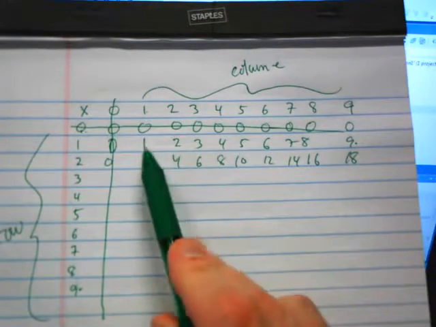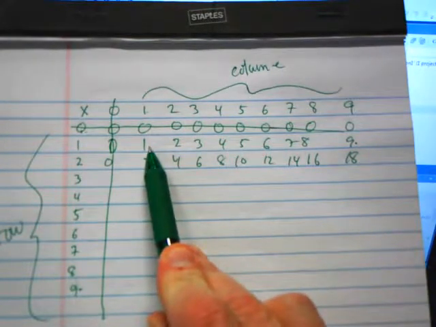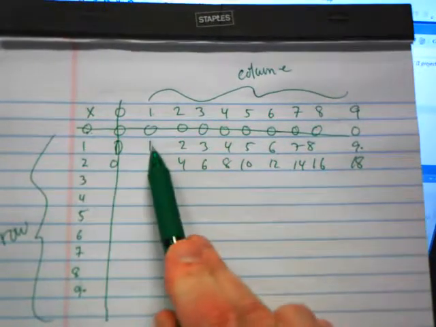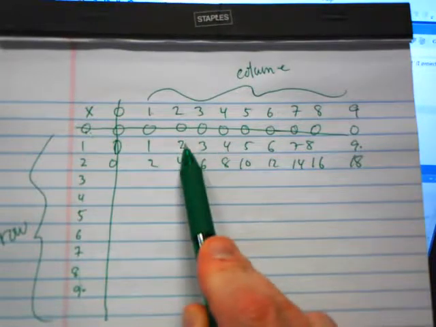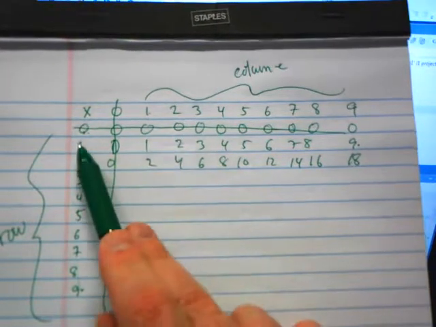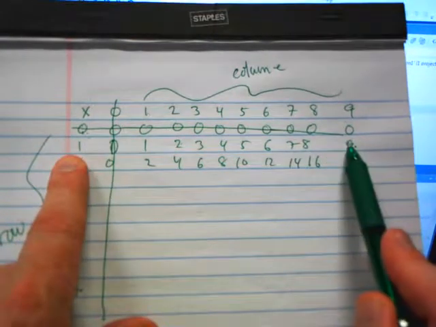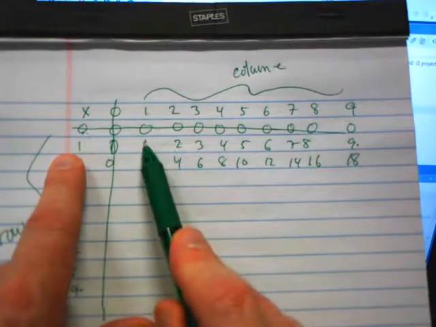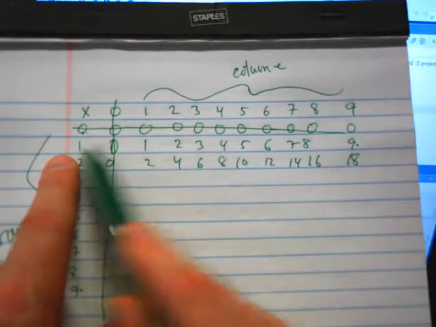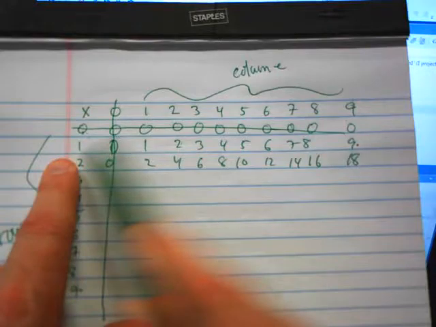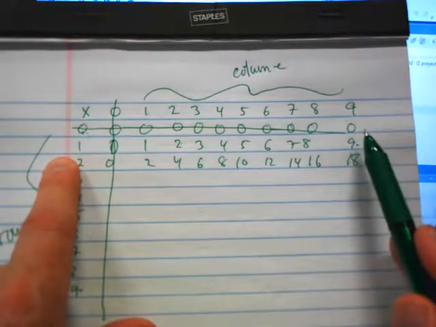So how do I get this number right here? I take row times column. And then how do I get this number? Row times column. And I do that inside my for loop when column changes. So to print this whole entire row, I'm simply going to print row times column, and then have column change, row times column, have column change, row times column, so on and so forth, go all the way across.